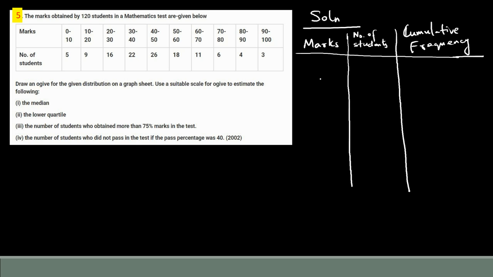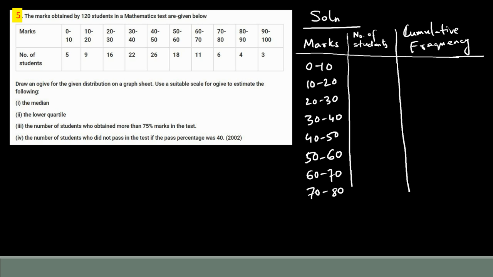So the marks are 0 to 10, 10 to 20, 20 to 30, 30 to 40, 40 to 50, 50 to 60, 60 to 70, 70 to 80, 80 to 90, 90 to 100.